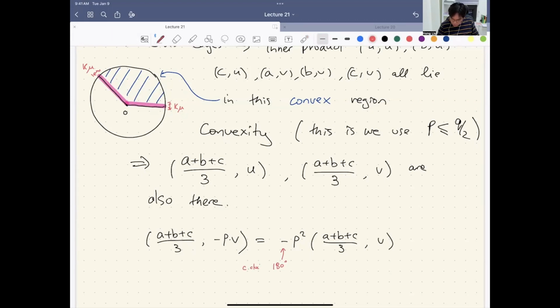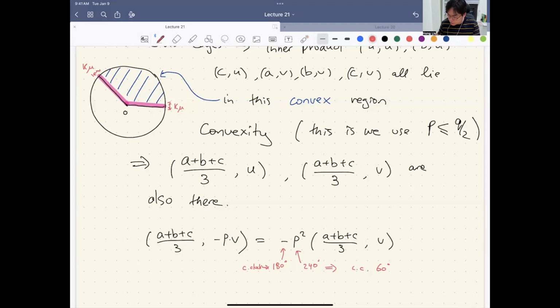And this is counterclockwise. One rho is 120, so it's 240 degree. Together is what? Together is counterclockwise 60 degree. So that means this guy lives in here.